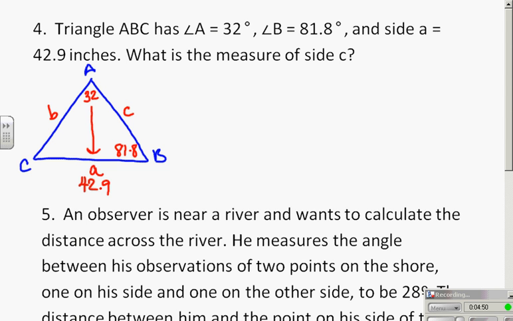I don't know angle C. But remember, you can always find that missing third angle by subtracting from 180. That's the most forgotten part. The easiest thing of triangles is that if you know two angles, you can always find the third. So this means that angle C is actually 66.2.